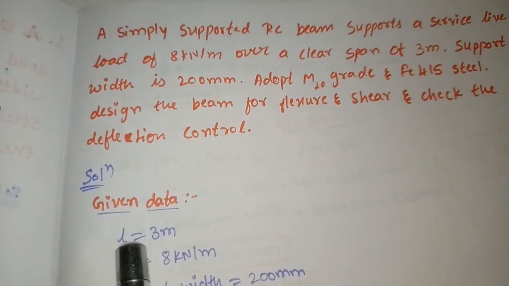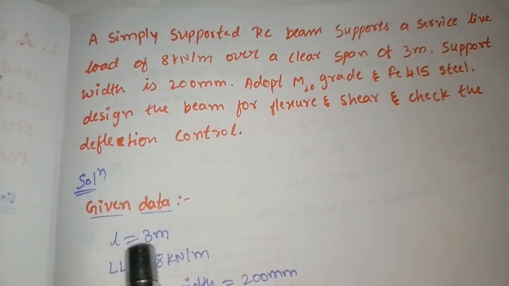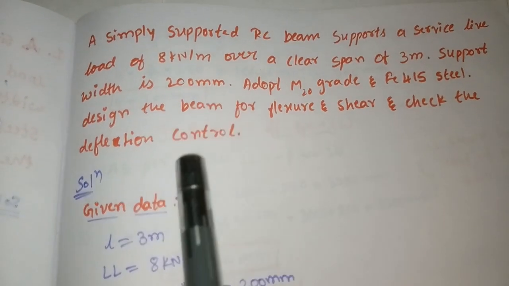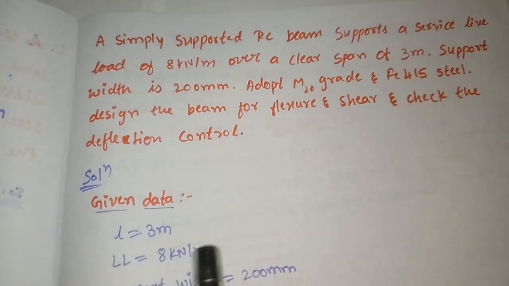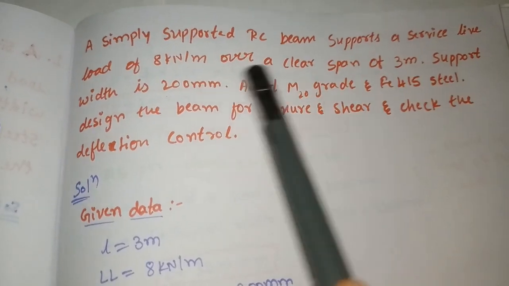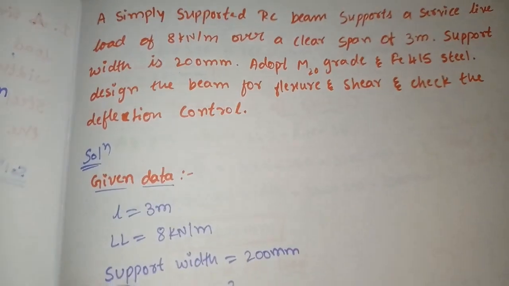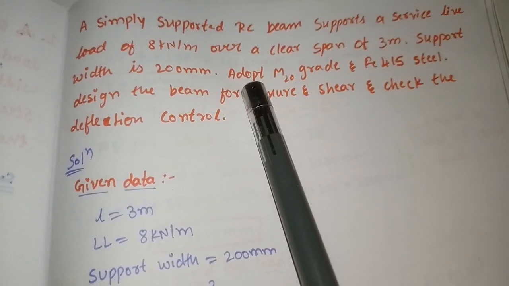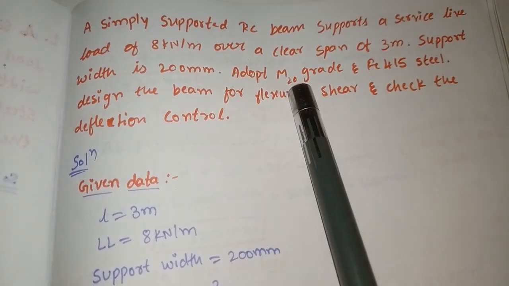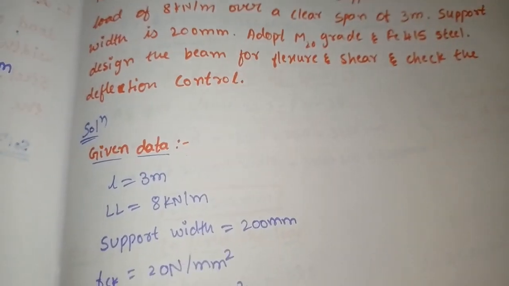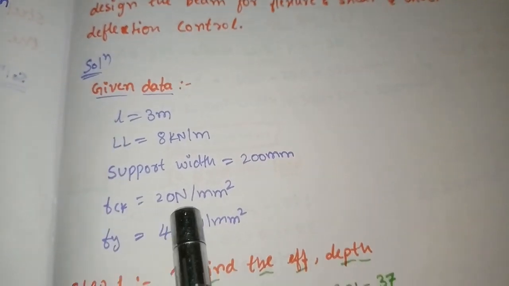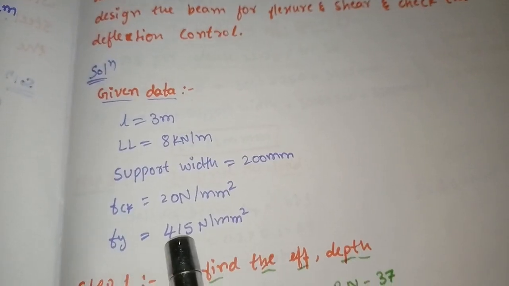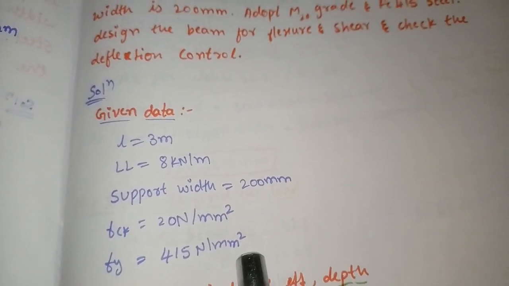Support width is 200 mm, and they gave M20 concrete and Fe415, that is nothing but fck is 20 Newton per mm square and fy is 415 Newton per mm square.